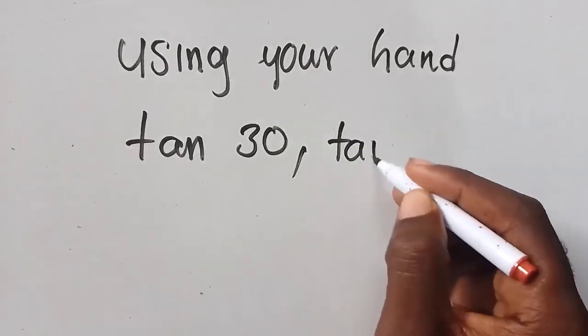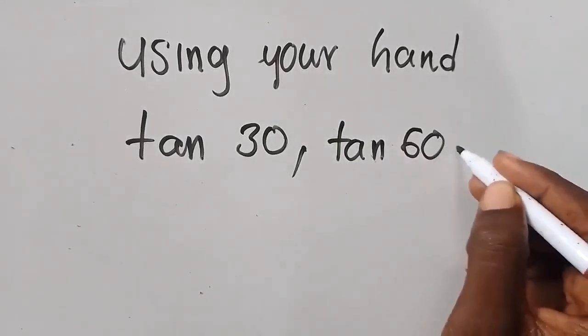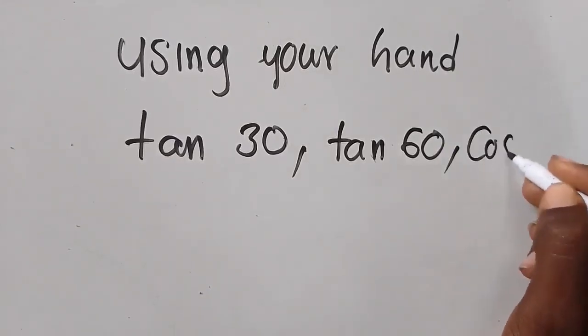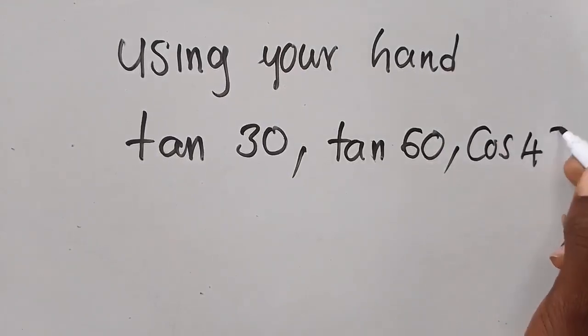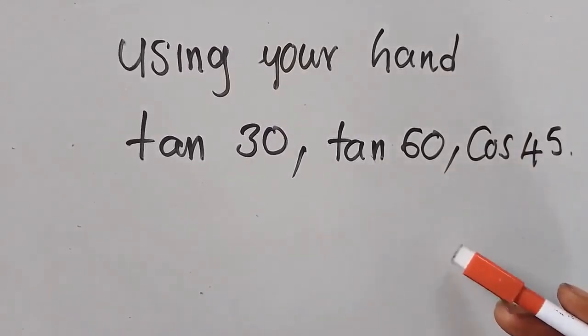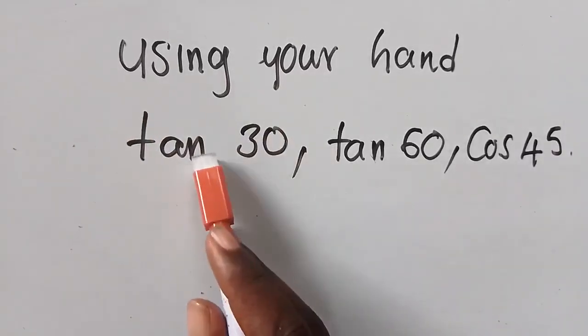I want you to find tan 60. I want you to find, let me say, cos 45. These are the questions that I want you to practice using your hand. So let me help you with this one.